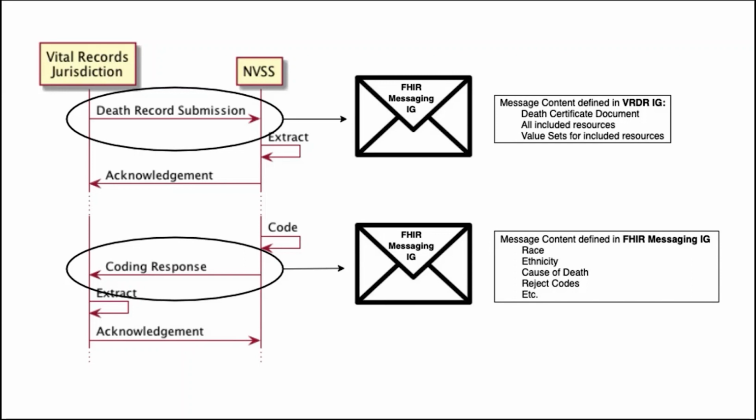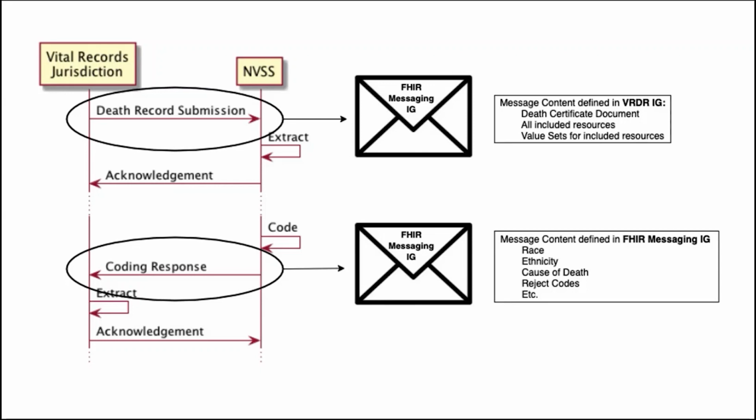And then the content of that envelope is the death record itself, which is defined by the VRDR-IG. That includes a death certificate document, any additional resources, and value sets describing the values in those resources. An example might be smoking status, and the actual value for that field.